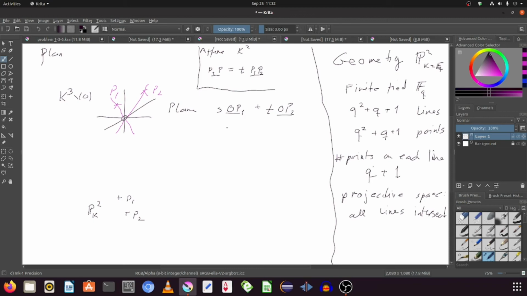And we just disregard the center. So that's the coordinates of all points on the plane. And then we project them down. And then isn't it obvious that we get all points on the line this way? All points on the projective line. I should think so.